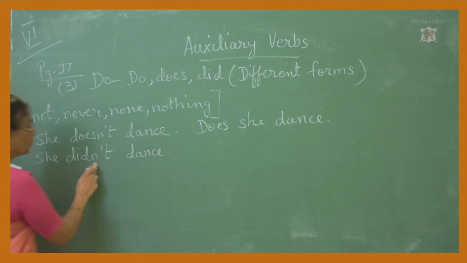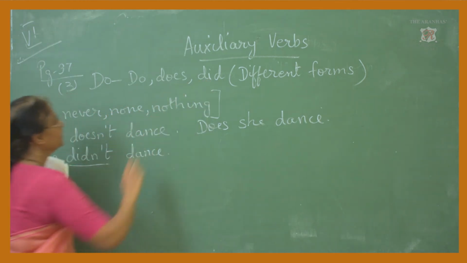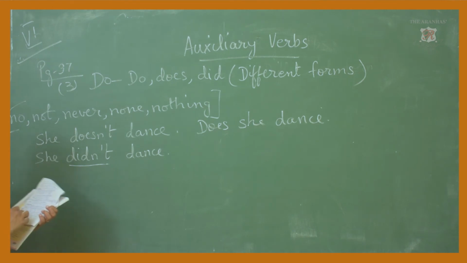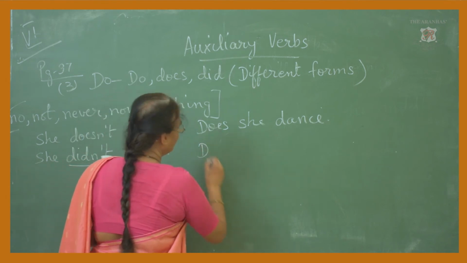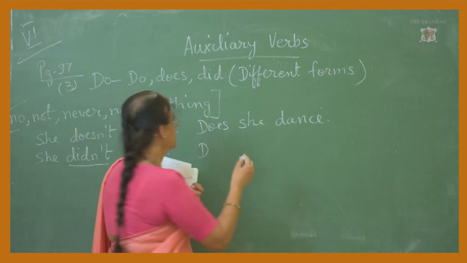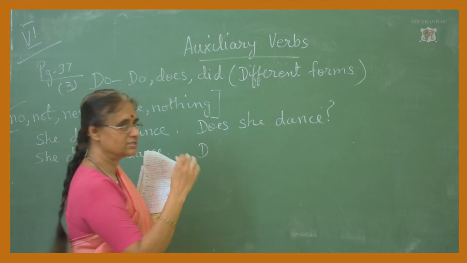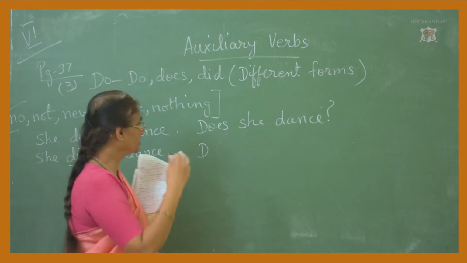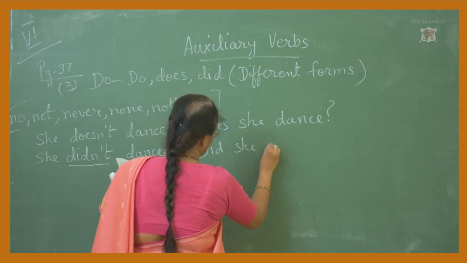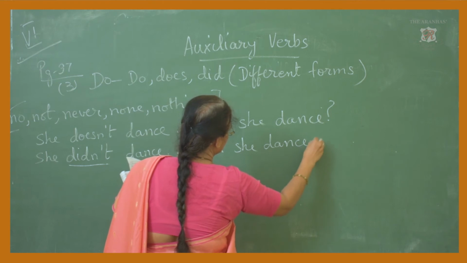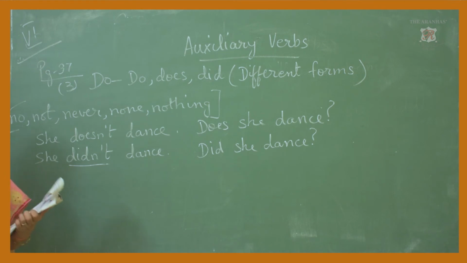This is the short form for the word did not. So this is a negative word. Positive, what will you write? Did she dance? It is in the form of a question, an interrogative sentence. So don't forget to put a question mark because it is in the form of a question. Even the punctuation marks play a very, very important role. Without the question mark, it will be wrong.